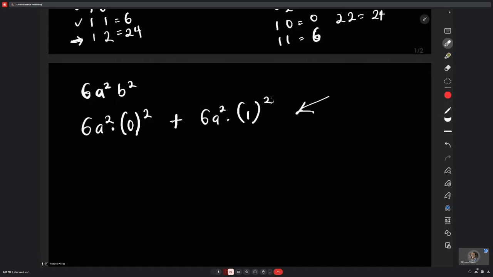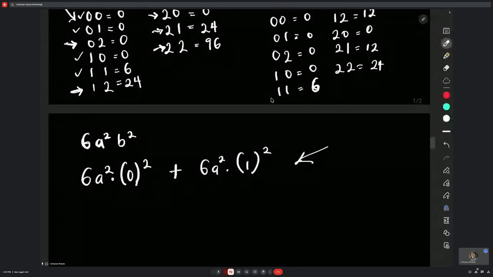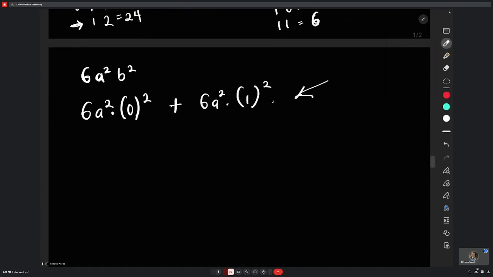We're still using the Boolean hypercube, we're not using base 3. But we are going to use base 3 when we are sending the univariate polynomial. For now, we are just going to evaluate the polynomial over 0 and 1. We'll get 6 this way. So this will be 0, and this will be 6 this way, 6a squared. So this is the univariate polynomial.